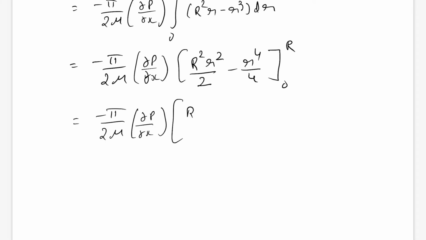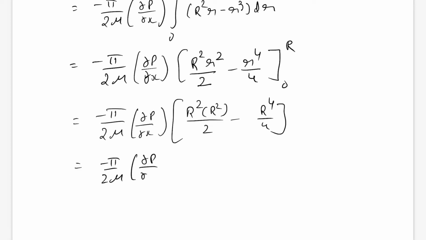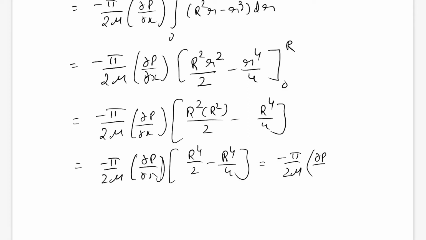Now we'll apply R square into capital R square by 2 minus r power 4 by 4, which is equal to minus pi by 2 mu into 2p by 2x into R power 4 by 2 minus r power 4 by 4.